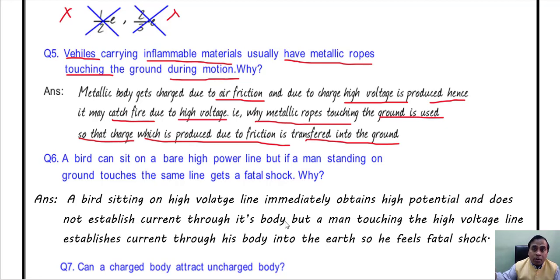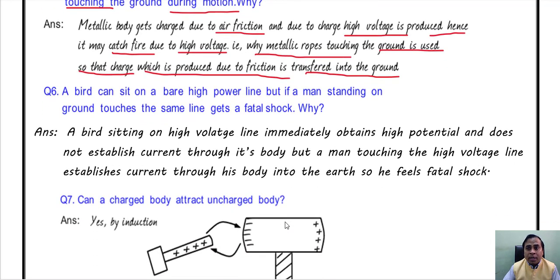Metallic rope will take all the charge to the ground, just as in the process of earthing. But nowadays it is not a common practice. We have high quality rubber in designing the tire, so this process is by default. We won't have to look for these primitive types of ideas.